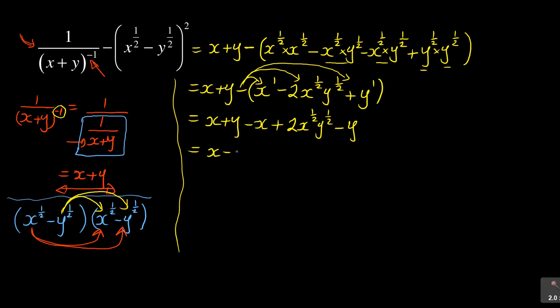It is x minus x, plus y minus y, plus 2 x to the power half y to the power half. You can see now where the examiner was taking you: this was supposed to cancel, this was also supposed to cancel, and then your final answer was supposed to be 2 x to the power half y to the power half.